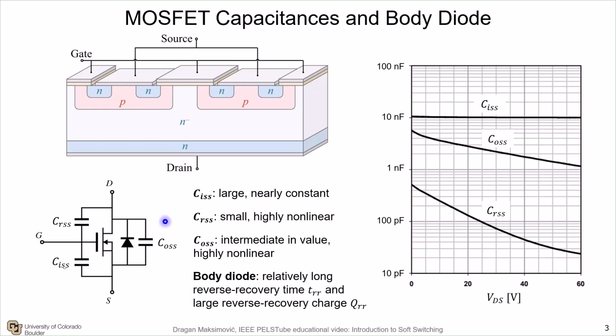Around the device, we can represent these parasitic elements as capacitances: gate to source, gate to drain, and drain to source. And we all know that the output device capacitance and the gate to drain device capacitance are highly nonlinear with respect to the drain to source voltage.